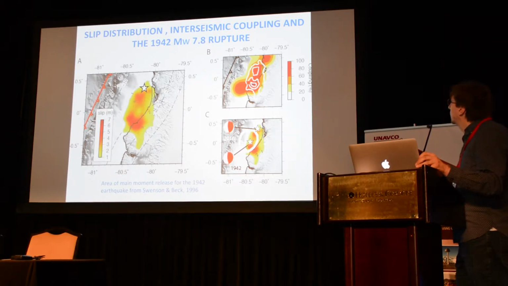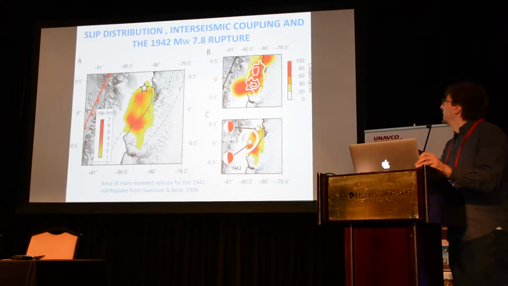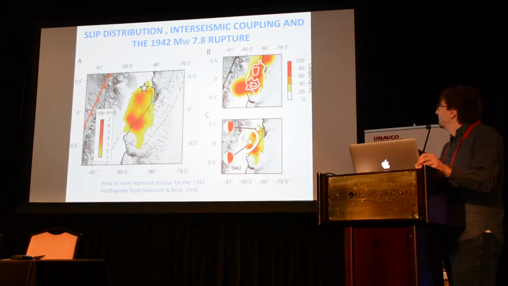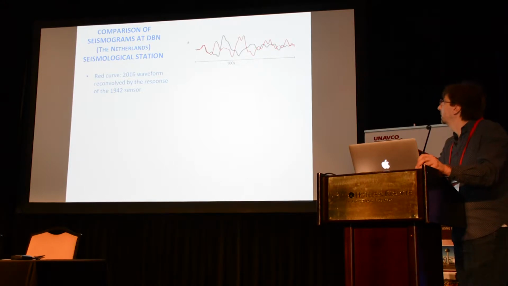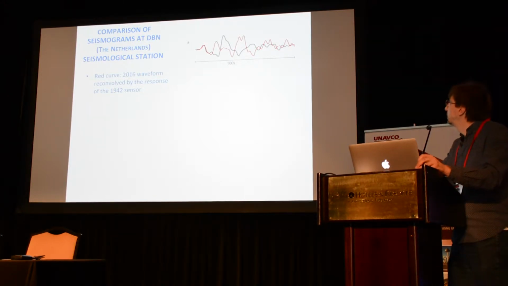And in terms of comparing the rupture area with the 42 earthquake, it looks like there are some uncertainties with the location, of course, of the slip for the 42 earthquake, but it looks like there is an overlap. There are several observations that support this overlap, but I will show just one, which is the comparison of the seismic waveform recorded on a historical seismological station in the Netherlands, where we can compare, correcting for the instrumental response, the two waveforms.